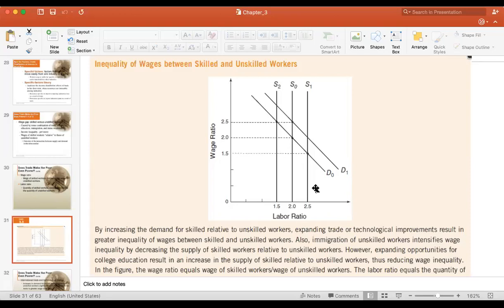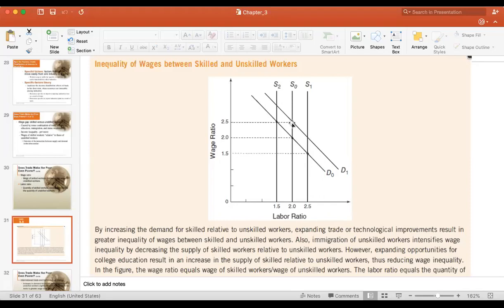It'll increase. Very good, it will shift. Why? Simple reason: because the US is skilled abundant, the US will be producing goods that are skill intensive and will be exporting those goods. So the demand for skilled workers would increase, and this would show a rightward shift.